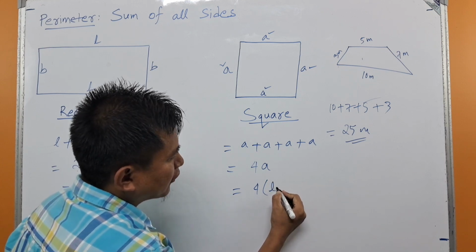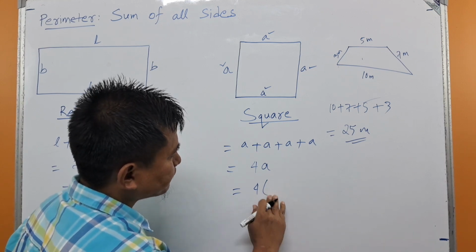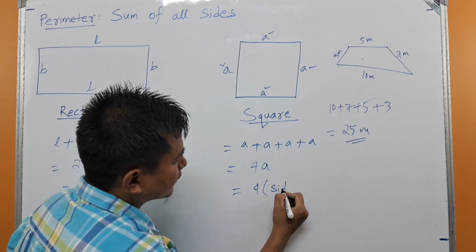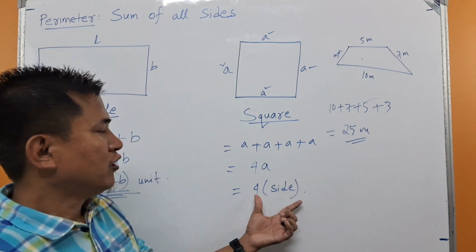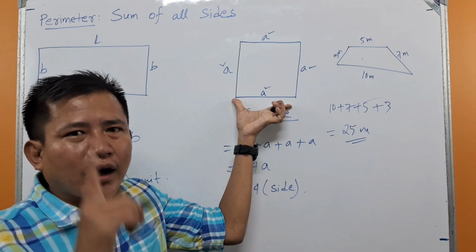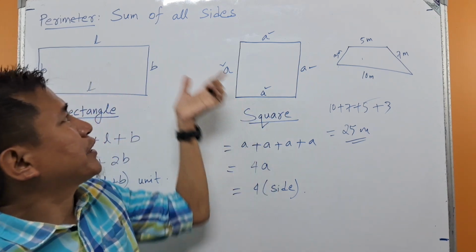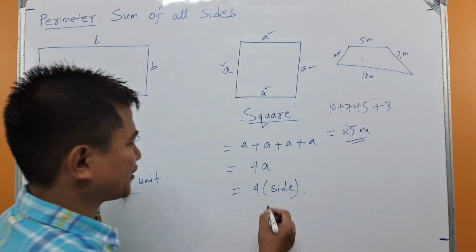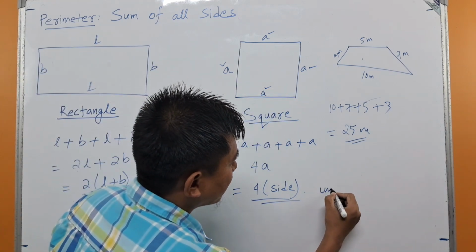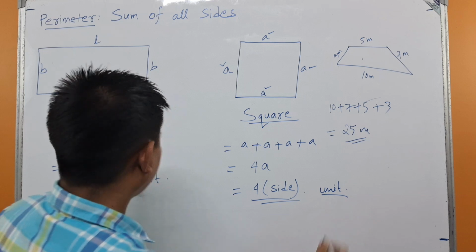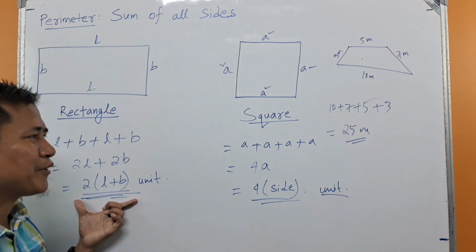Let me write side. 4 into side. If we know the length of one side of a square, then we simply multiply by 4, we get the perimeter of a square. So this is the formula for perimeter of a square. This is the formula for perimeter of rectangle.